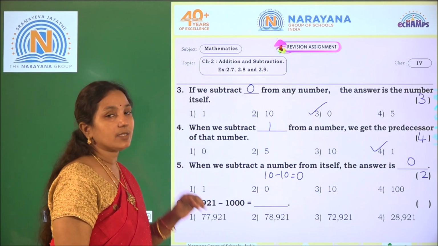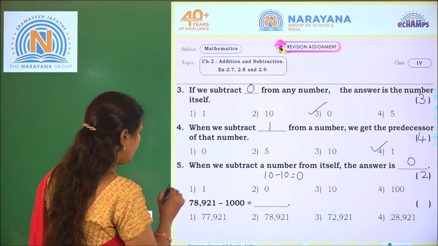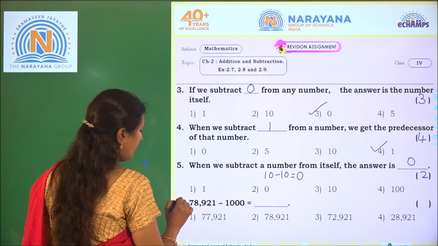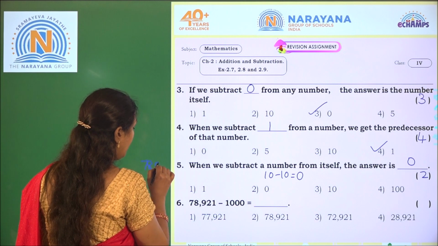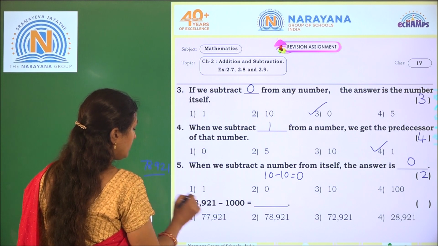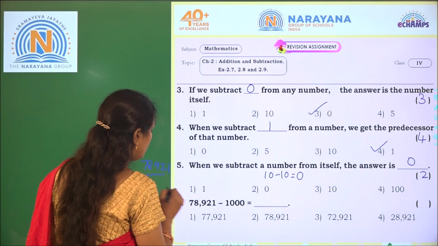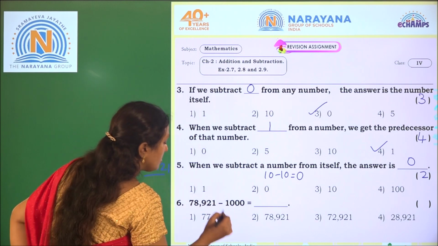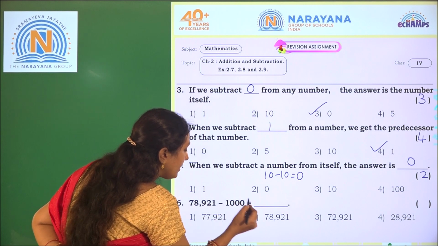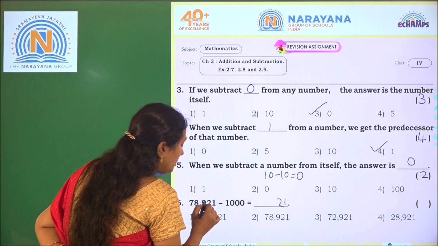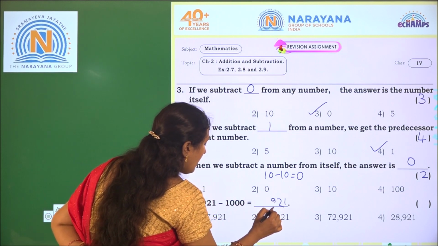78,921 minus 1000. So we have to subtract 1000. So here 1 minus 0 is 1. 2 minus 0 is 2. 9 minus 0 is 9.